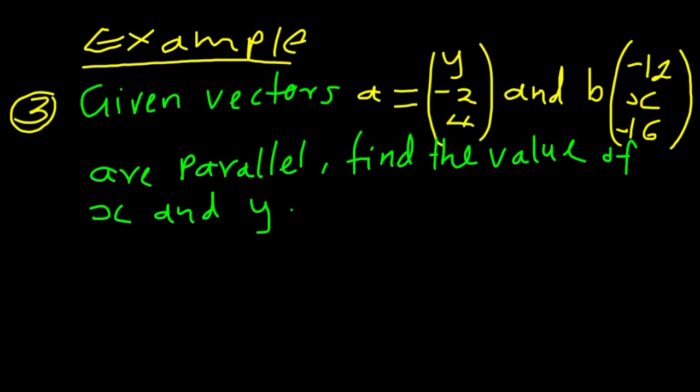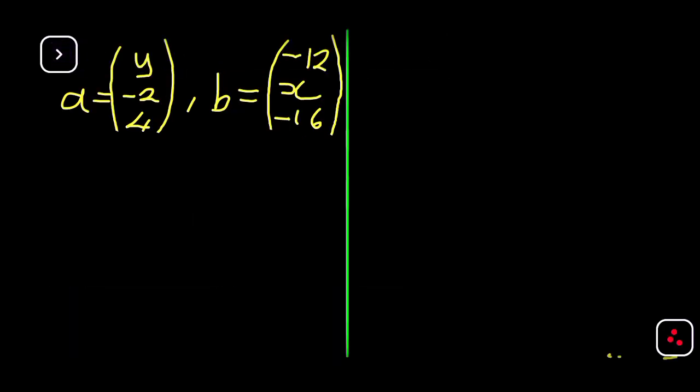Now let's look at our example number 3, which says that given that vectors a and b are parallel, find the values of x and y. So here, let us look at how we can find values of unknowns in vectors which are parallel.